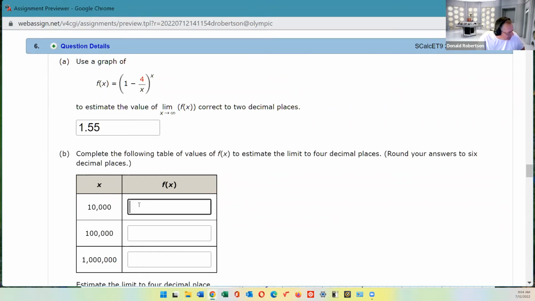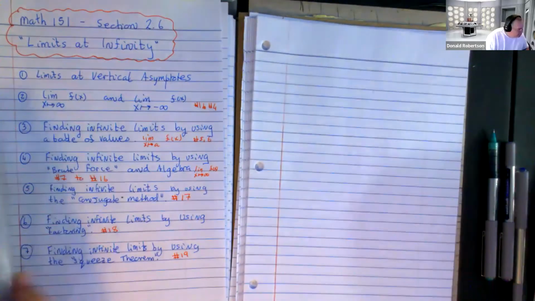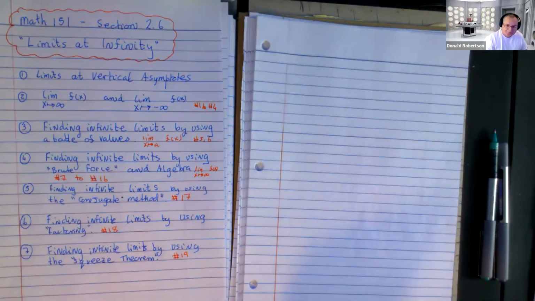If you plug this guy and then this guy and then this guy into Desmos, you will get a decimal that is approaching some value. I guess I'm going to have to jump out and in here because I'm doing too much talking and not enough showing. So I'm going to try and do what they asked us to do.